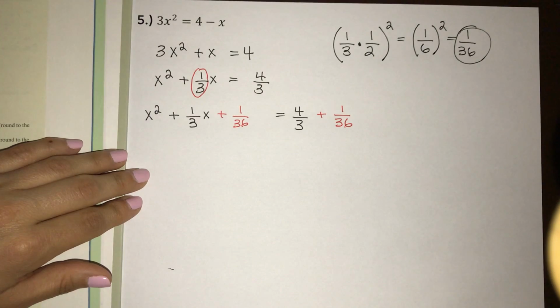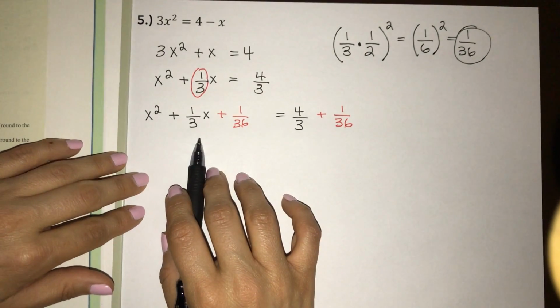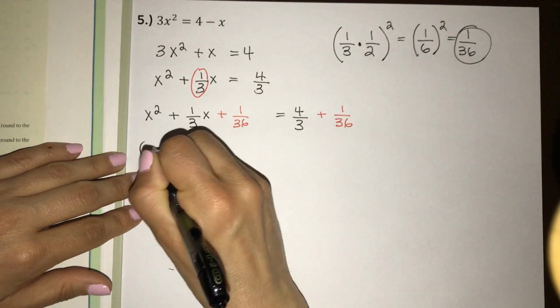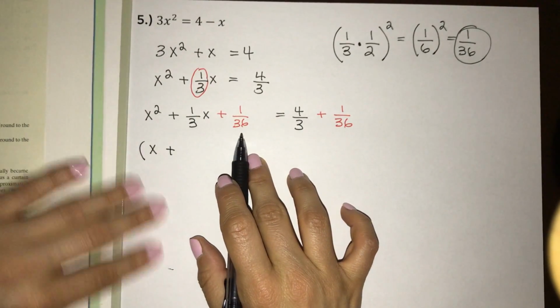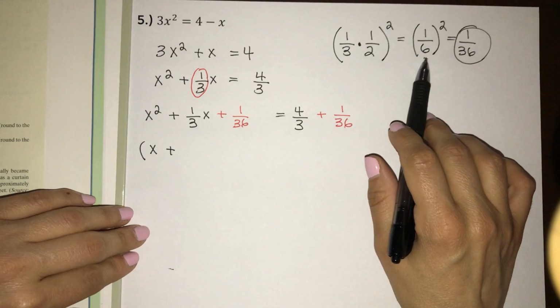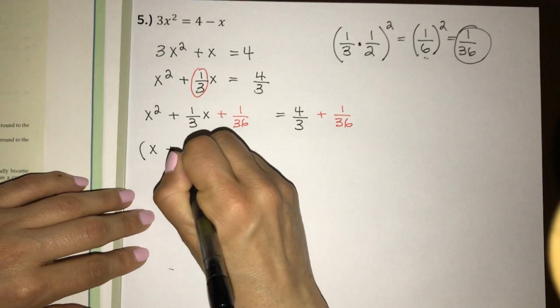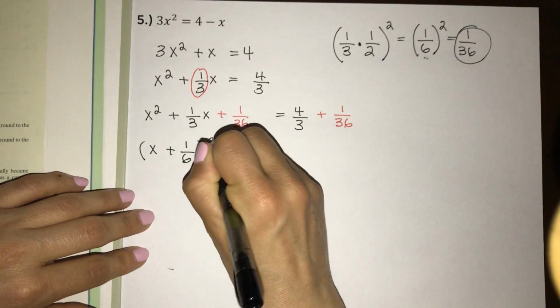Okay, so now I can factor the left side. Again, when you factor, in this case, it's going to be x plus square root of 1/36 is 1/6. It's right here. Squared.